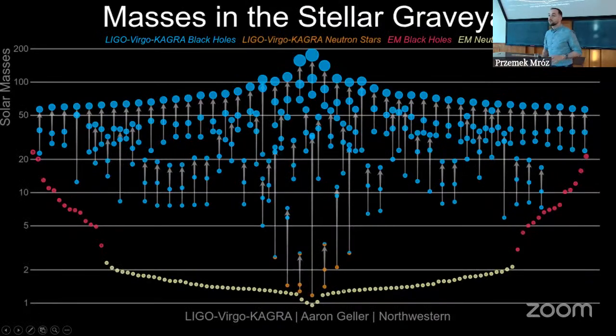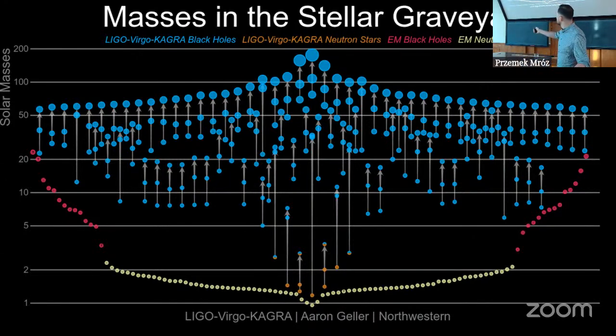Okay, so I'm pretty sure that most of you have seen this picture, which shows the known black holes and neutron stars that have been discovered during the whole history of astronomy. And as you probably know, most of these objects have been detected thanks to gravitational wave detectors LIGO and Virgo.